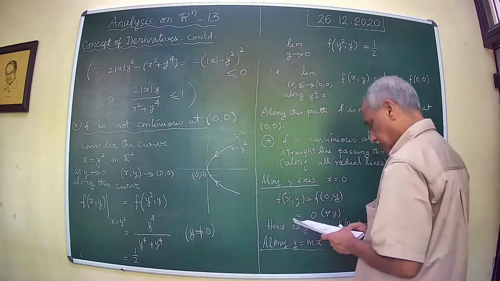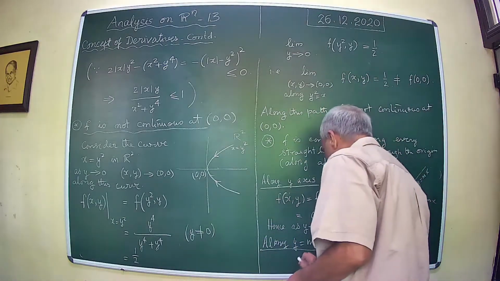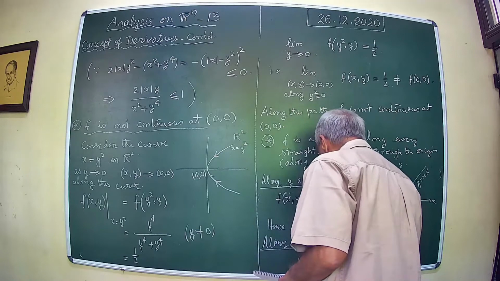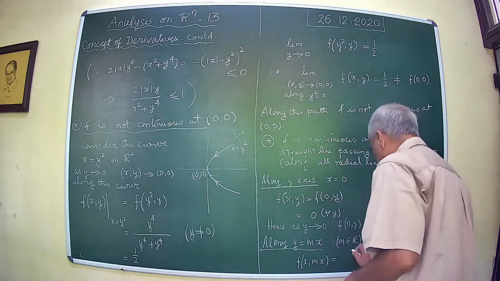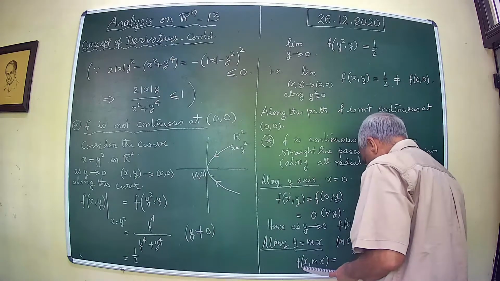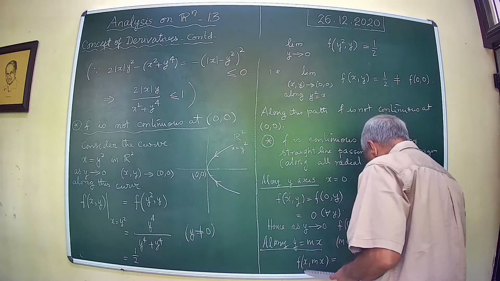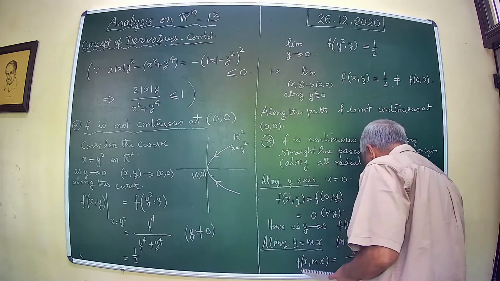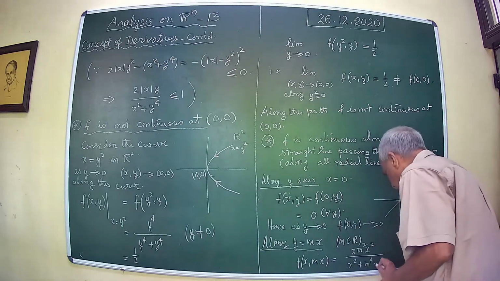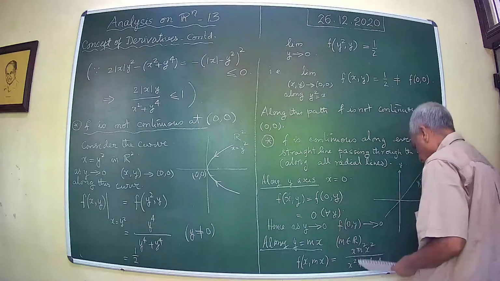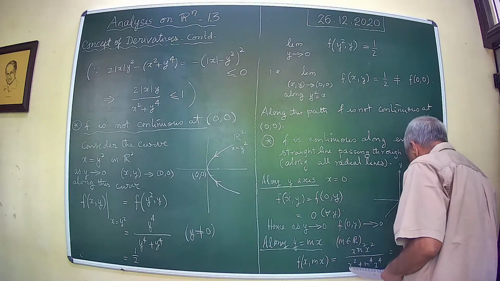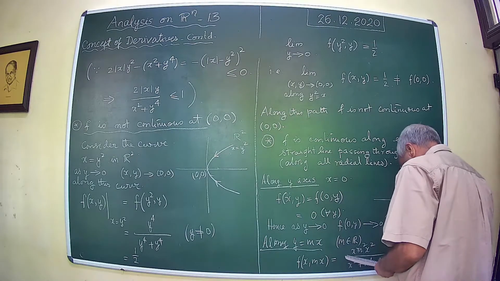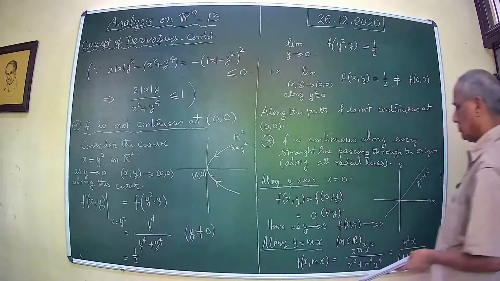Therefore, you see that f of x, mx is equal to x m square x square divided by x square plus m to the power 4 x to the power 4.